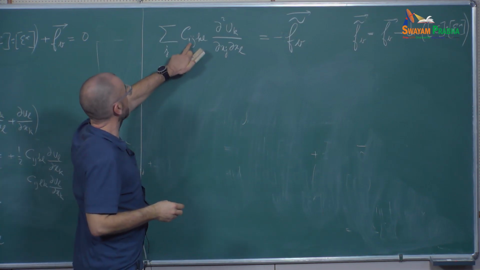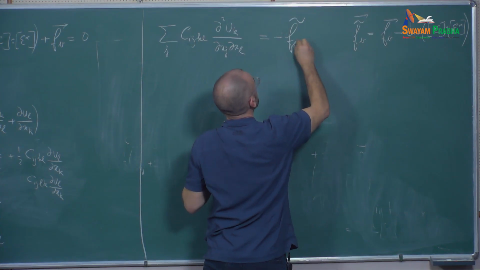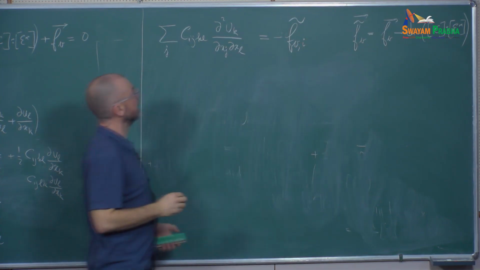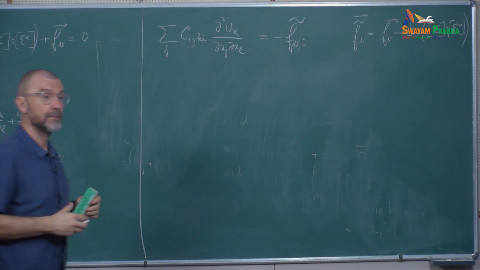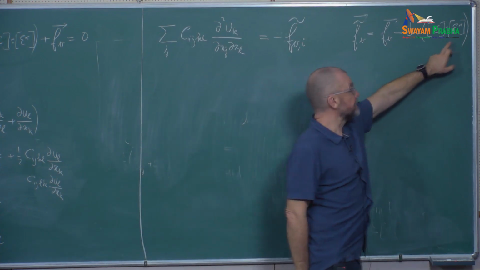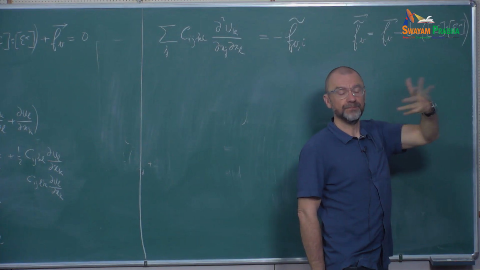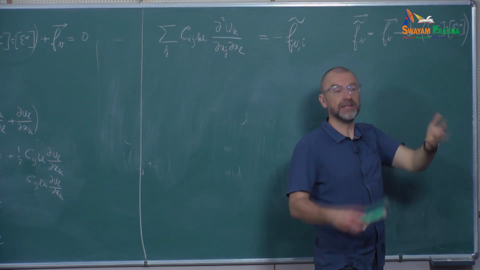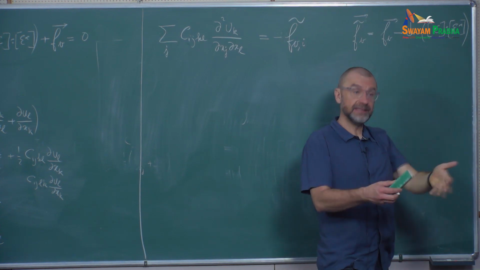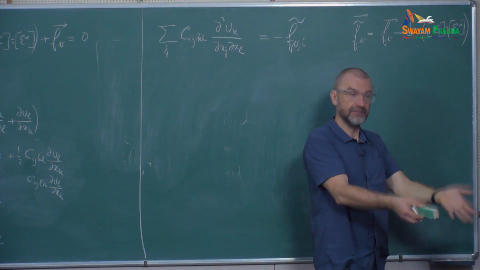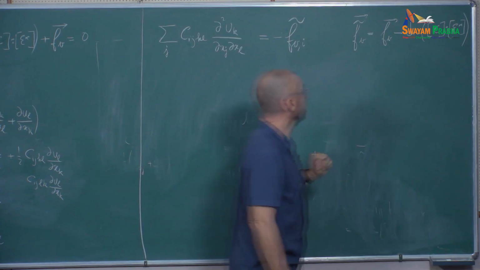And here I have the index i, so actually I no longer have the vector. This is the volumic force along direction i. Epsilon star will depend on the defect we are looking at. So if it is a precipitate of a second phase, epsilon star will depend on the lattice parameter of that phase. That's given in the problem. This is a constant, we don't have to worry about that value.